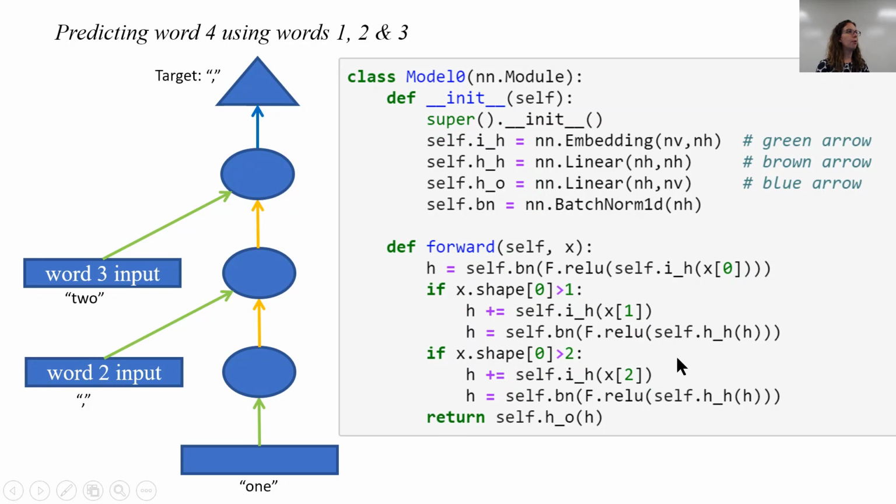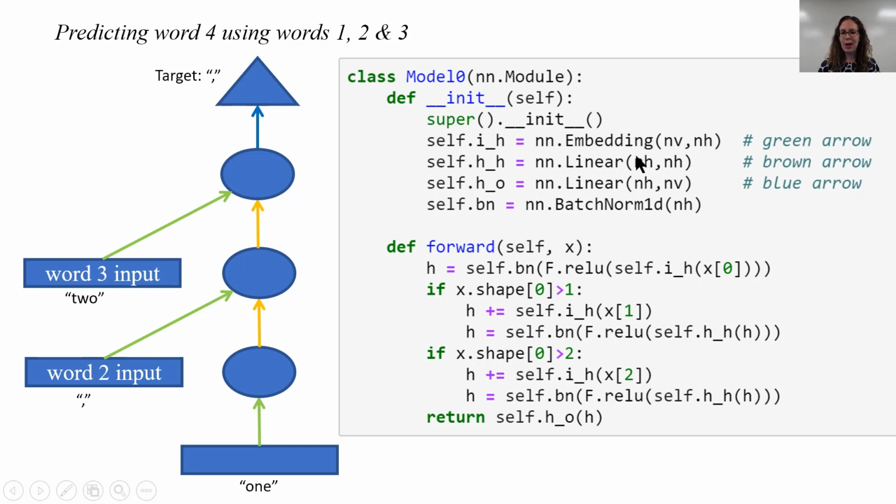So this is how we would write this in code. This is the same picture from before, but showing how we could have this in a neural network. This is using PyTorch's nn.Module. And you'll see that we just do plus equals. This will be helpful to talk through.